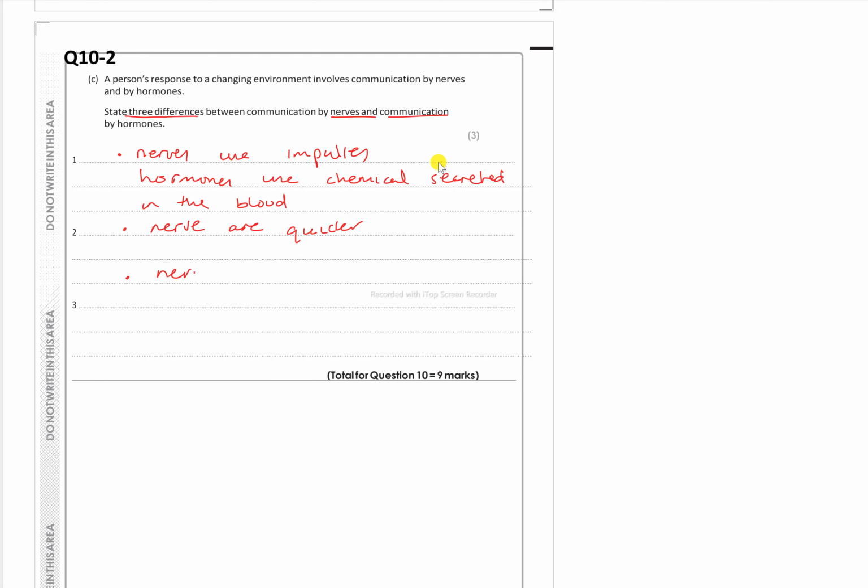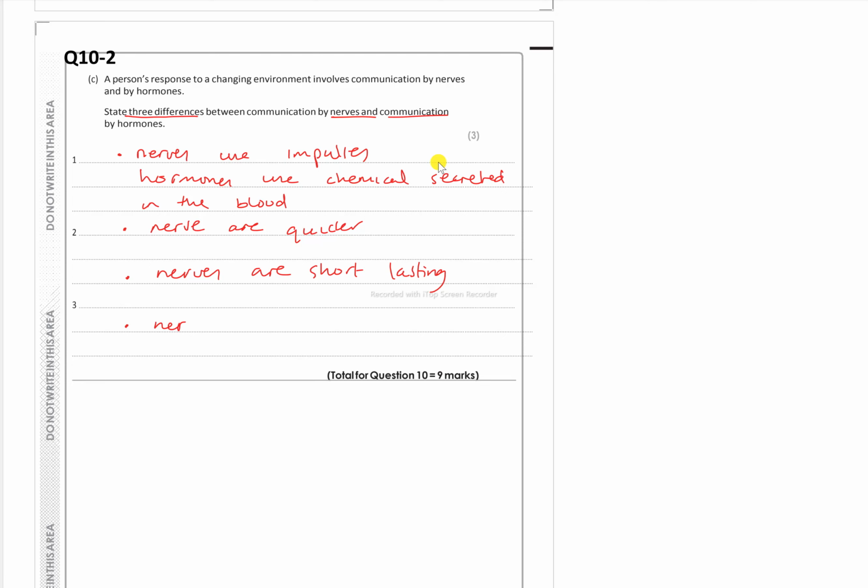The nerves are shorter lasting. What else can you say?